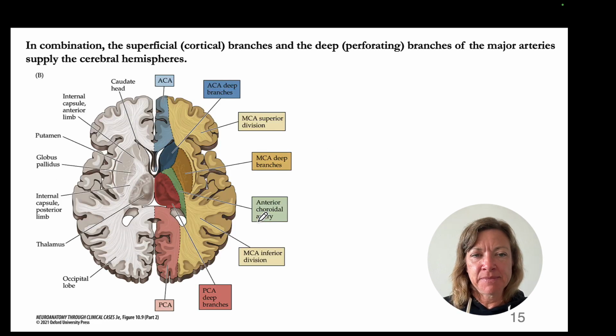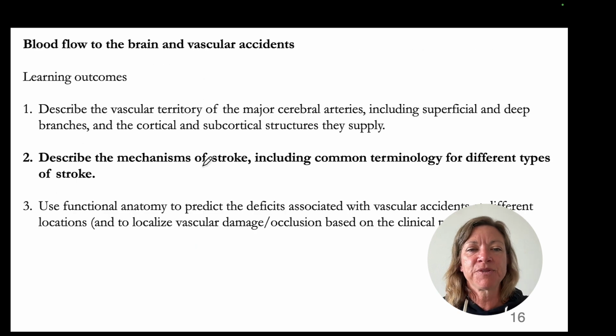And this is the similar thing, this time in horizontal view. And I'll just show you that the PCA is supplying this portion here of cortex. That's its superficial or cortical branches, while the deep or perforating branches, try stippling, are supplying the thalamus.